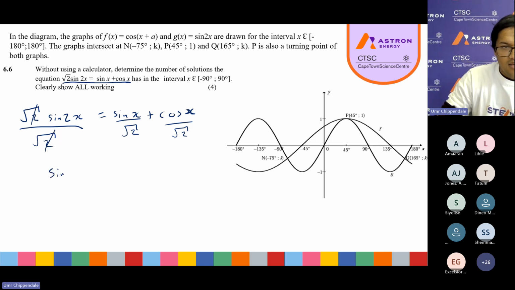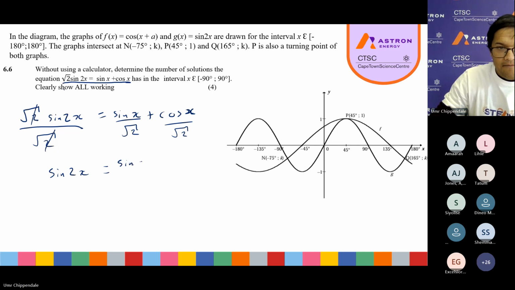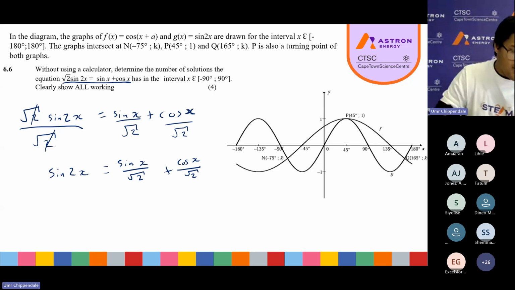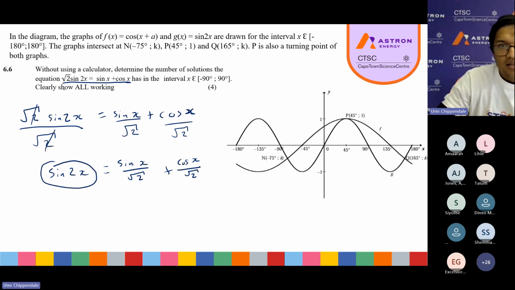So that is going to be sine 2x is equal to sine x over square root 2 plus our cos x over square root 2, right? Just like this. Now that we have it like that, we can say our sine 2x is this what we have over here, and this sine 2x is g of x, and that is equal to this part over here.